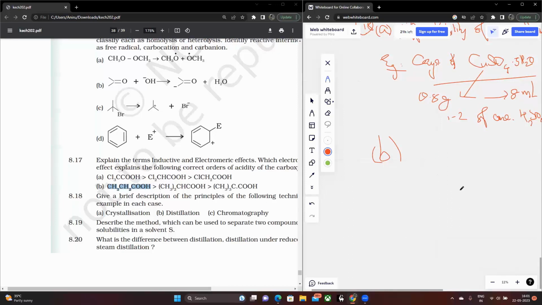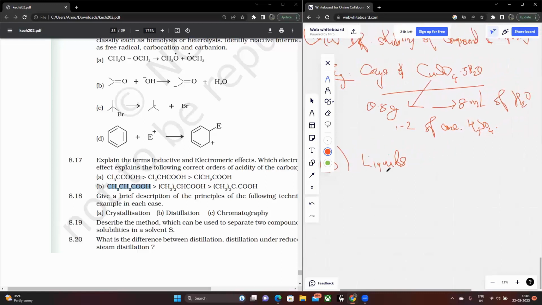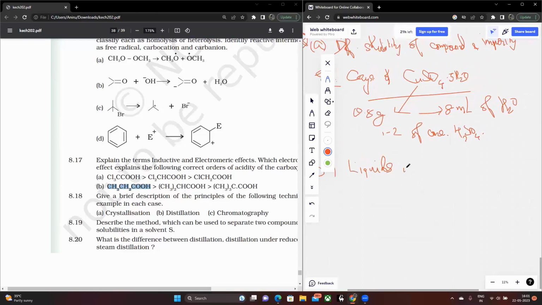B is distillation. Distillation works on the principle that two liquids, because distillation is carried out between two miscible liquids, have very different boiling points.